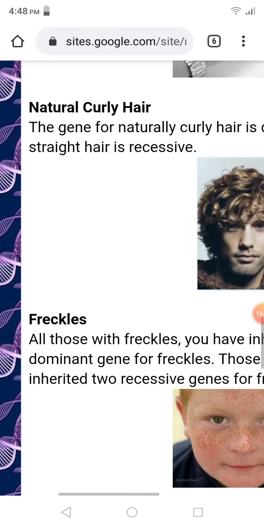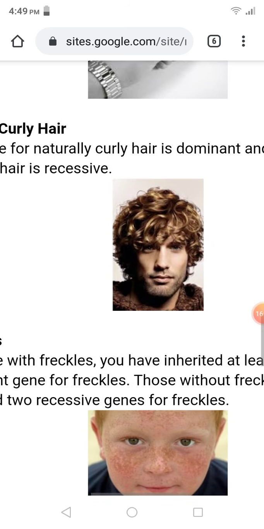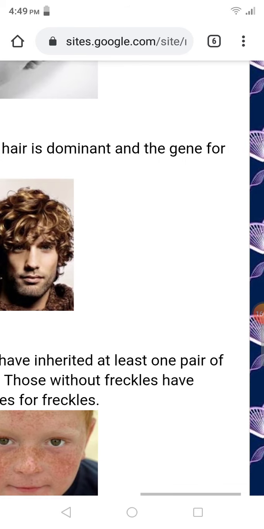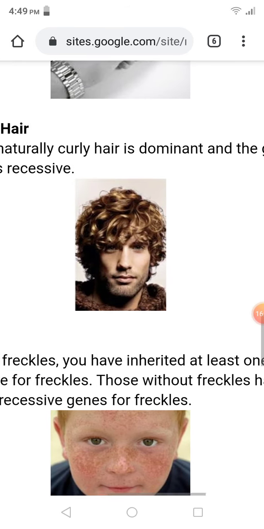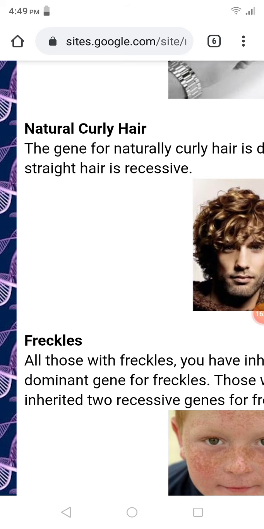So, and then we go up right here to the naturally curly hair people, and this is the problem. This is what we call a dominant trait right here, and straight hair is recessive.